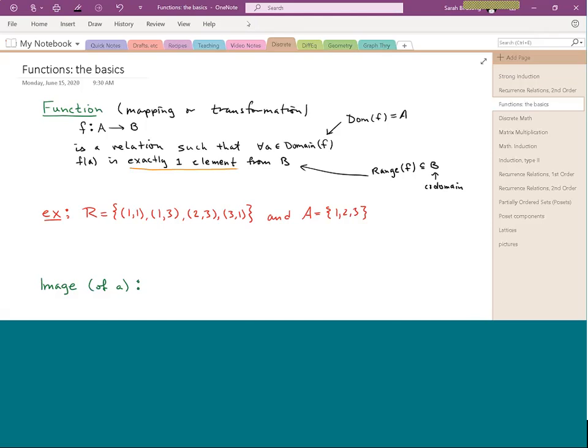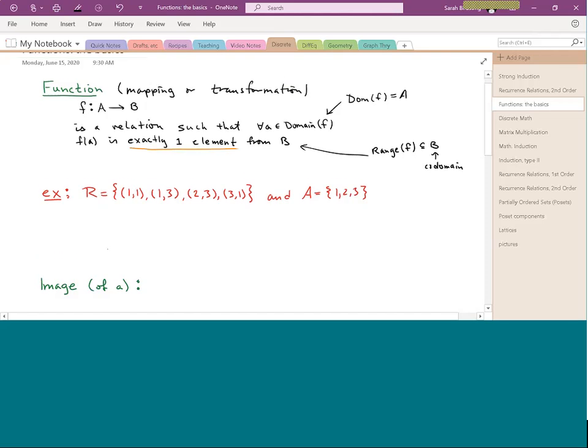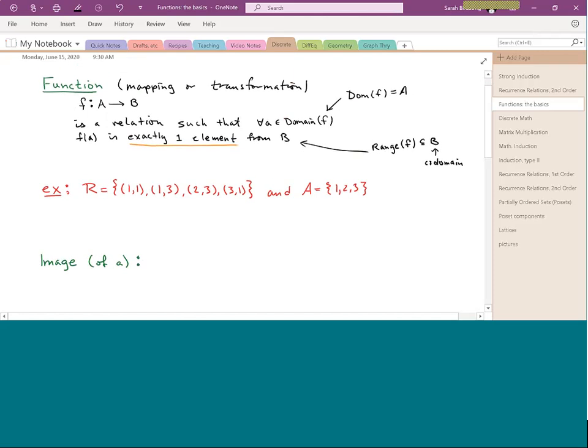It's definitely a relation, and functions are relations. So the question we have here is, is this guy a function? That example right there in red. What do you guys think? Don't overthink it too much. There's only two possible answers. Yes, it's a function, or no, it's not a function.